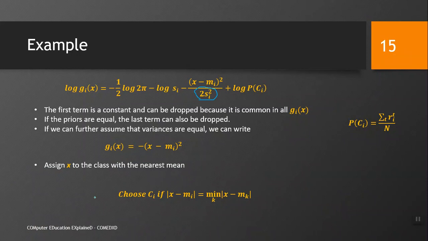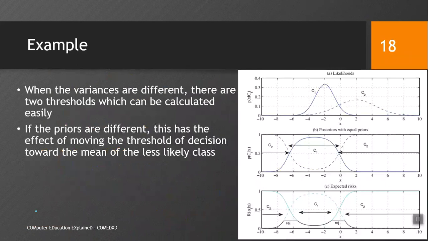However, if they are different, then what would be the behavior of our classifier? When the variances are different, there are two thresholds which can be calculated. Here this is the likelihood function, probability x given Ci basically. So we can draw it if we have two classes. So for two classes we draw it like this, for the second class we draw it like this.